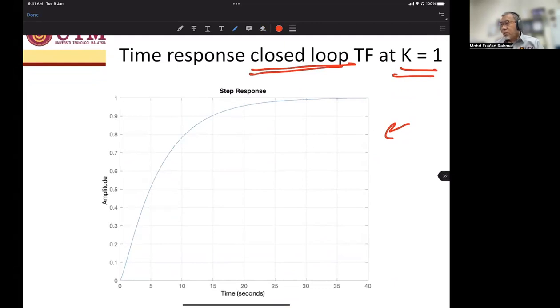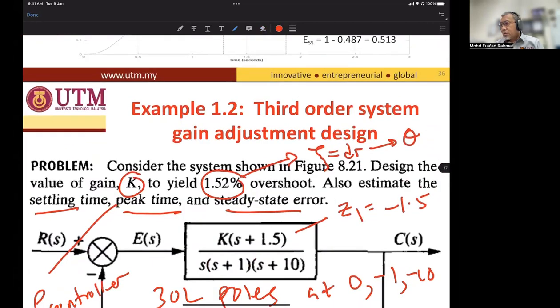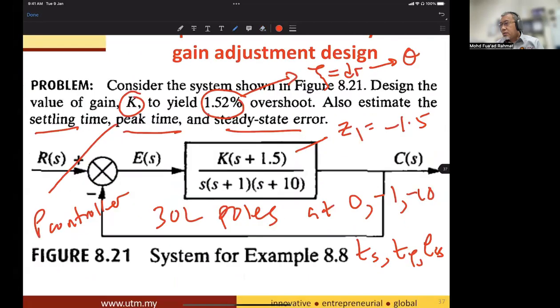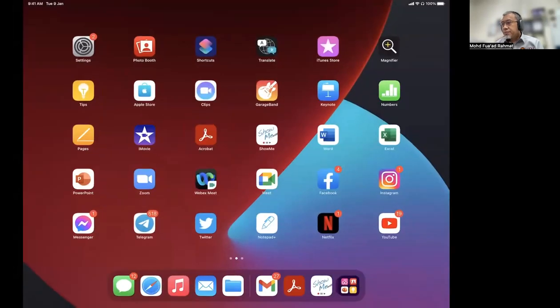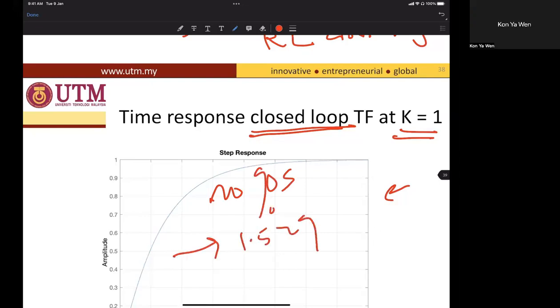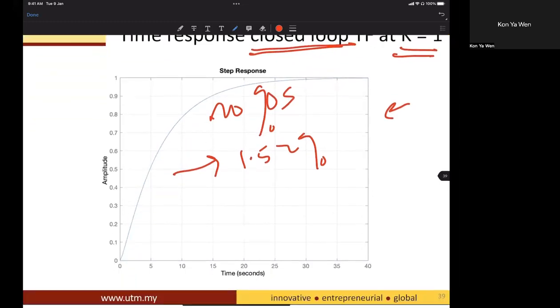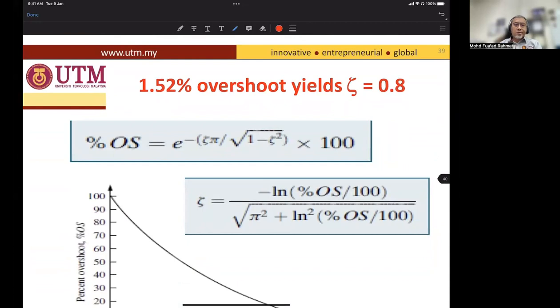It didn't fulfill our target of 1.52% overshoot. There is no overshoot, but we want a 1.52% overshoot. So this response has no overshoot.